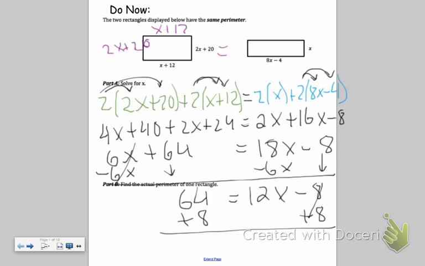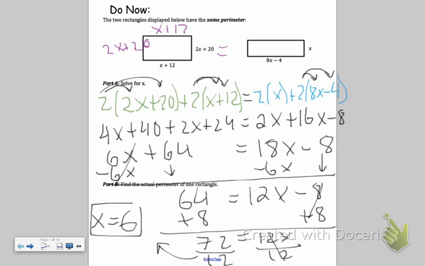This is going to cancel out, and we're left with 72 is equal to 12x. And our last step in solving this equation is the inverse of multiplication, which is division by 12 on both sides. So our final answer is that x is equal to 6.